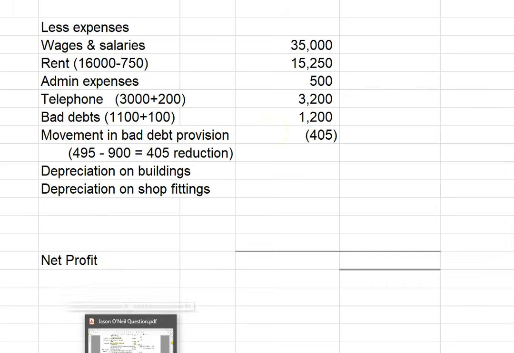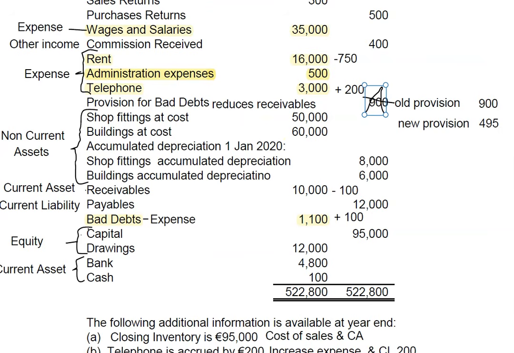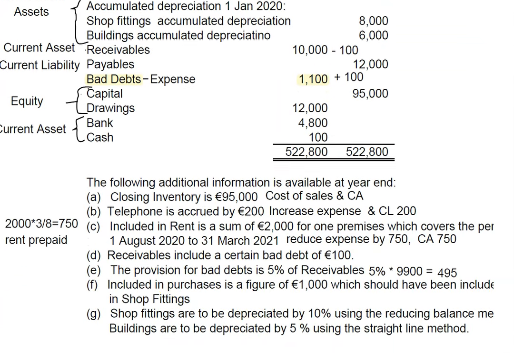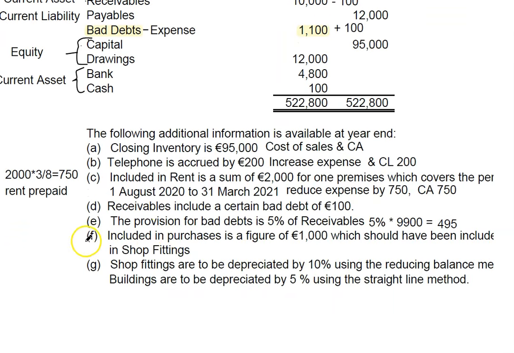Next is depreciation, and we need to just look at notes F and G. Include in purchases a figure of 1,000 that should have been included in shop fittings. So we need to change our purchases figure. So we had a capital item purchased, which should have been included in shop fittings, but wasn't.